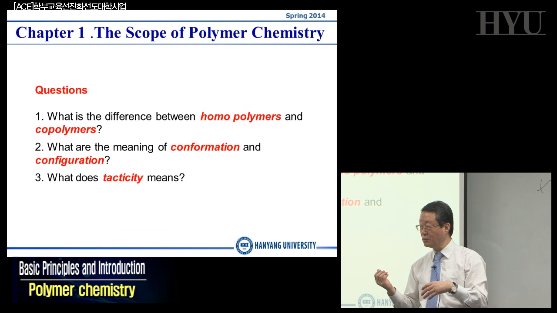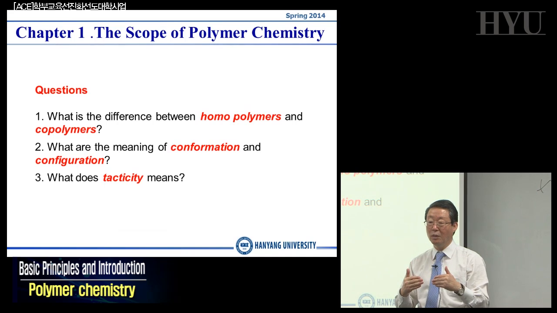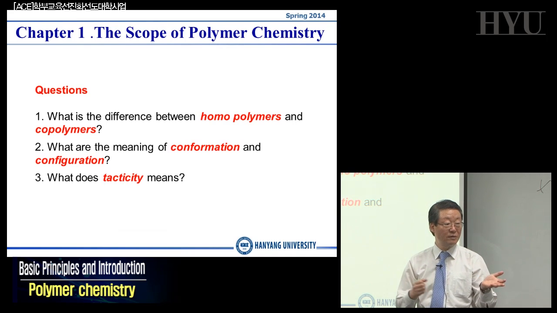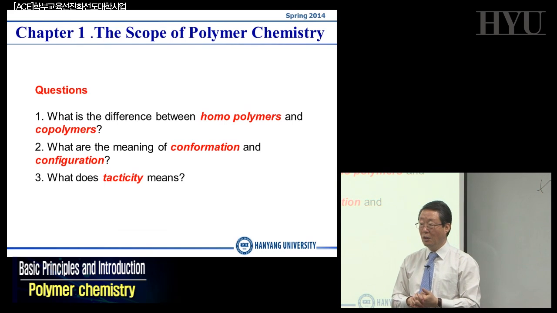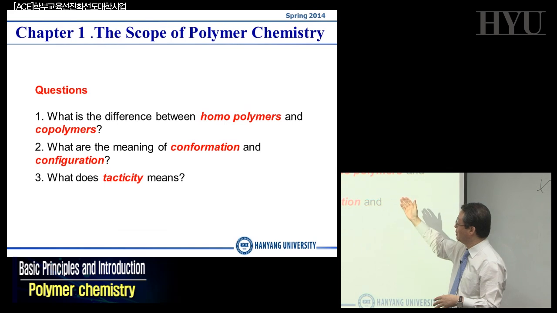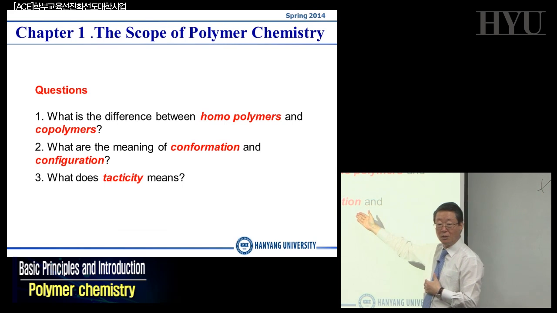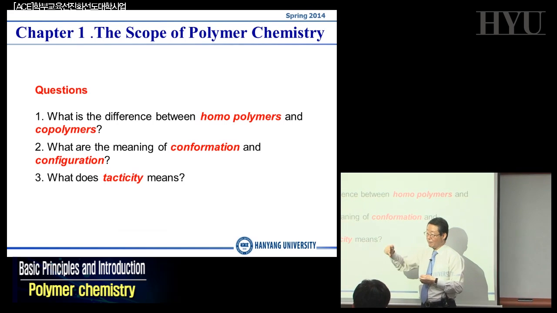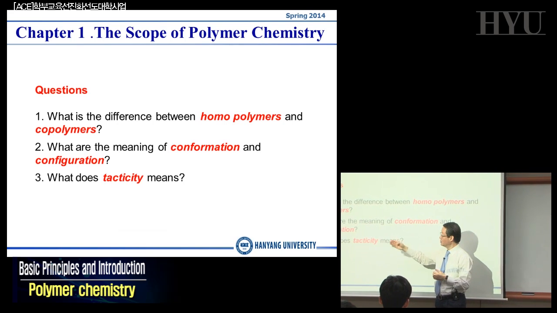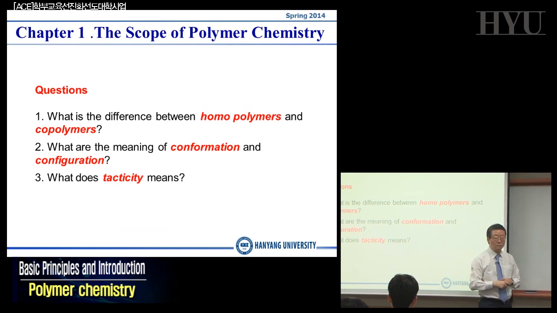So conformation depends upon the environment, such as the solvents, the temperature, or exterior environment, and could be changed. However, the configuration is just a fixed arrangement of the chemicals, so you cannot change these configurations.